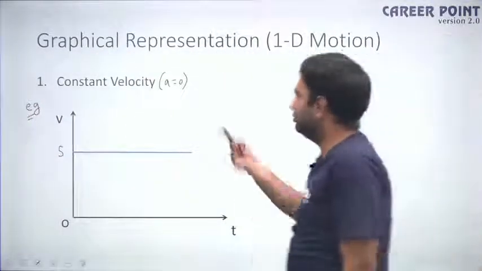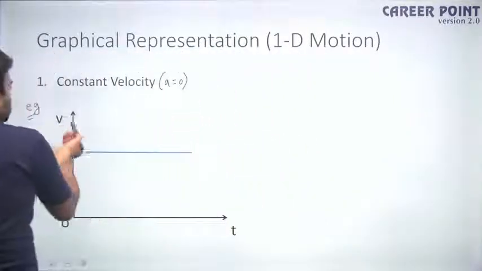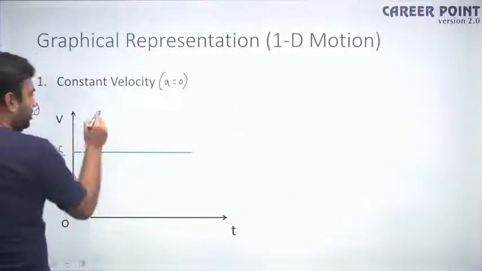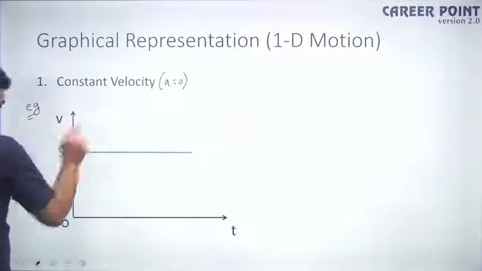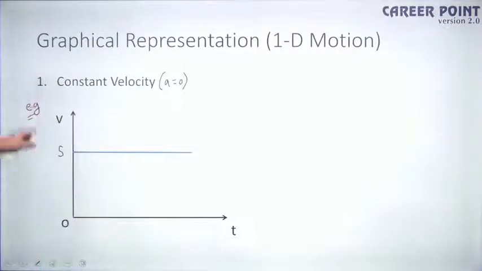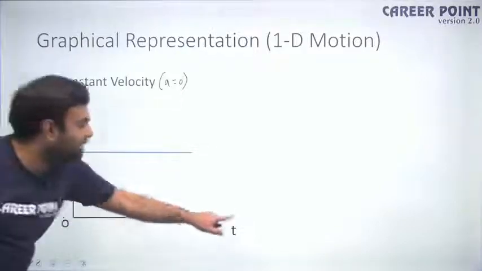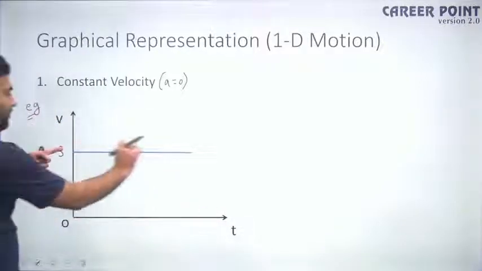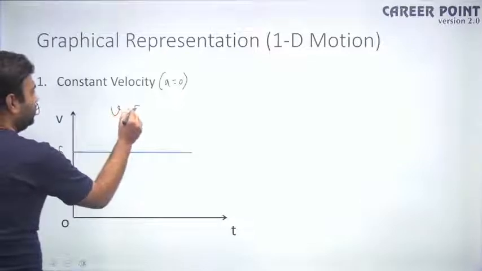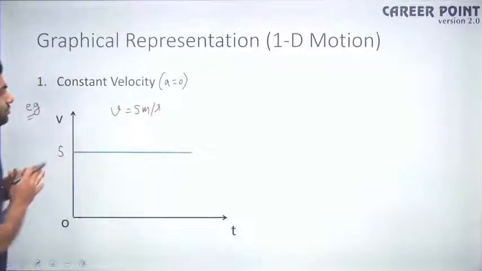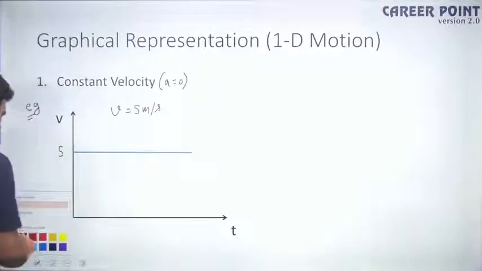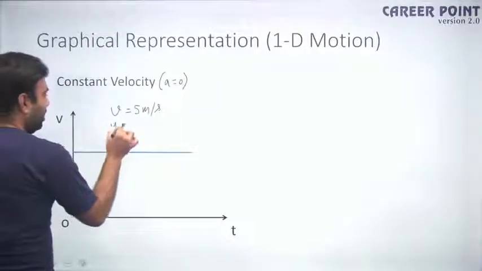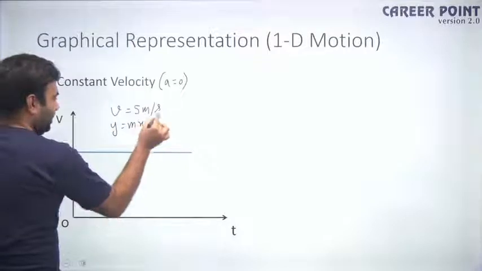Why? Because we write the equation like this. We have to convert this in v, v instead of y and t instead of x. So if I say velocity is equal to 5 meter per second, what is the slope? Compare this equation with y equals mx plus c.